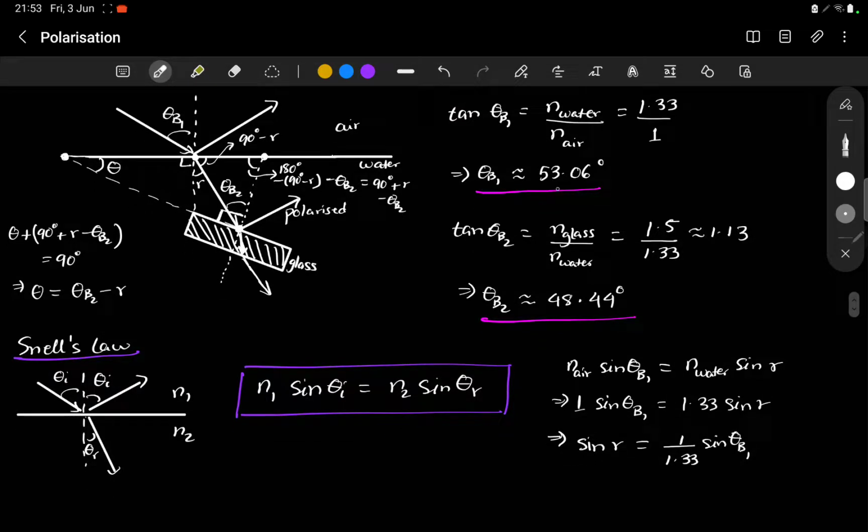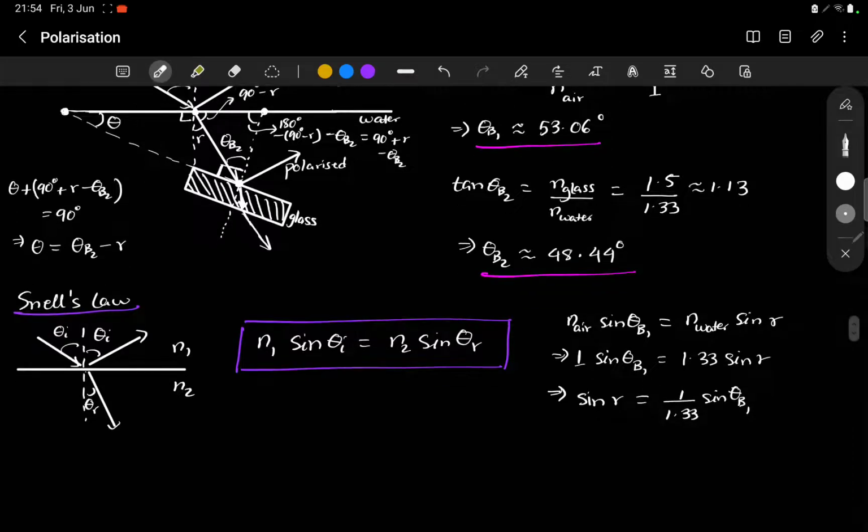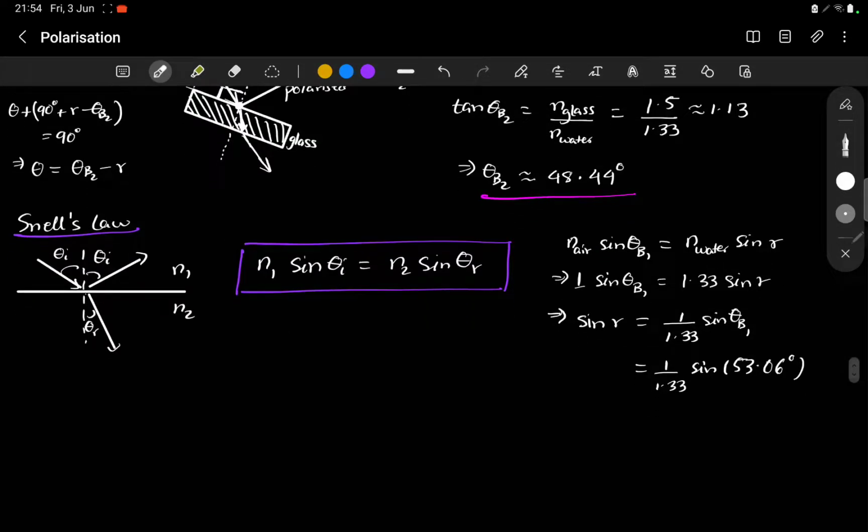Theta B1 we found out is roughly 53.06 degrees. So plugging this value into the calculator, sine R is 1 over 1.33 times sine of 53.06 degrees. This comes out to be approximately 0.6.